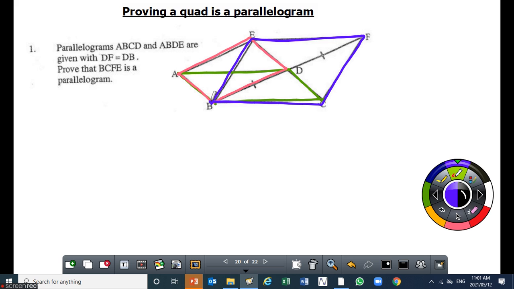So the objective is to prove that ED is equal to DC, and for this question, it's very easy. I'm going to start by saying DF is equal to DB. This is given. That's provided in the question.